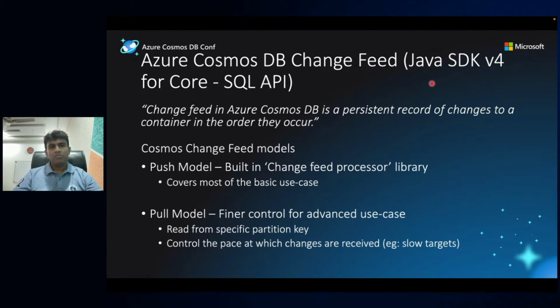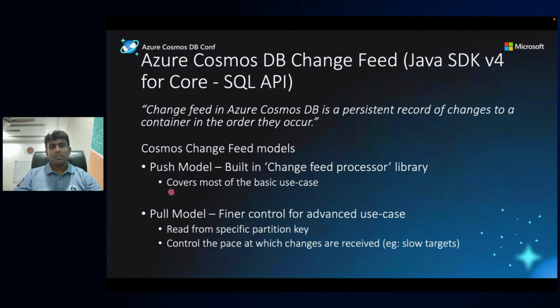There are a couple of models through which we could fetch the changes from the container. One is the push model. As the name suggests, the change feed processor library provided by the SDK constantly pushes the changes happening on the container to the client application. And on the client application, we should have handlers to receive the events or the changes and then process them.